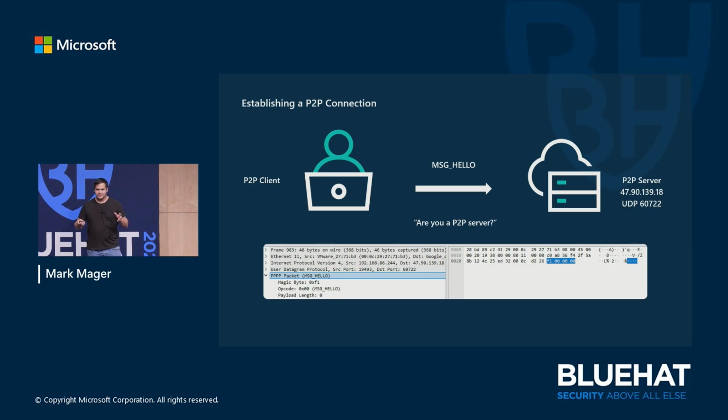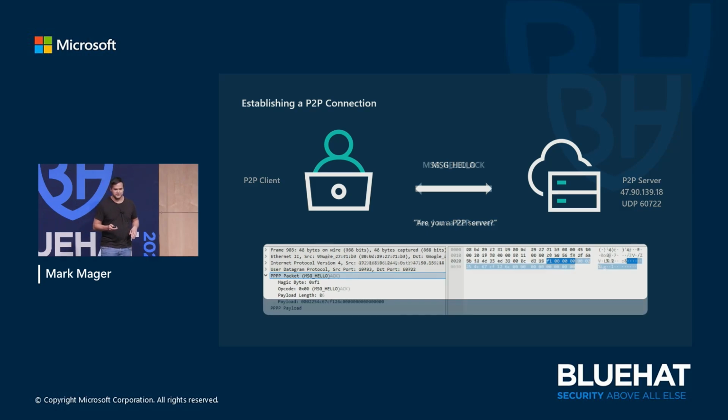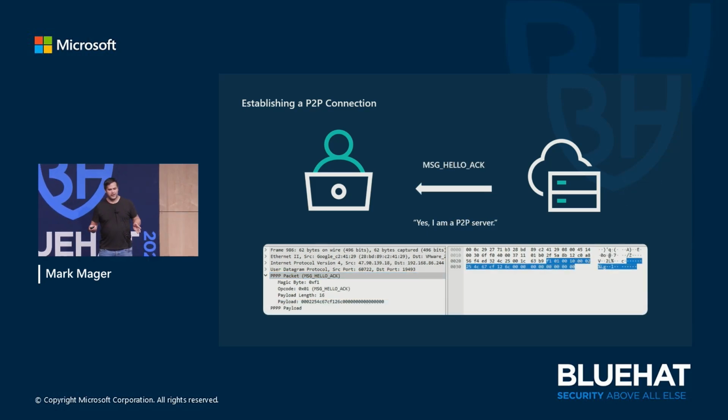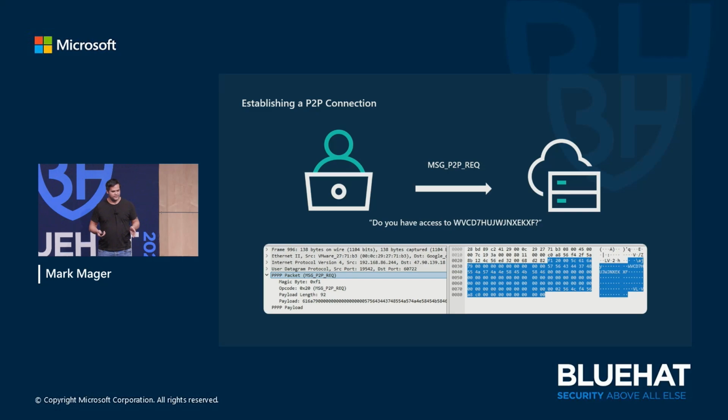So we needed to follow the traffic to figure out how a P2P connection is established in the first place. A 4-byte hello packet is initially sent from the client to a public-facing peer-to-peer server, specifically on UDP port 60722. The server will acknowledge back if it is in fact a peer-to-peer server, and then the client will follow up with a message asking if it knows about a specific device ID.